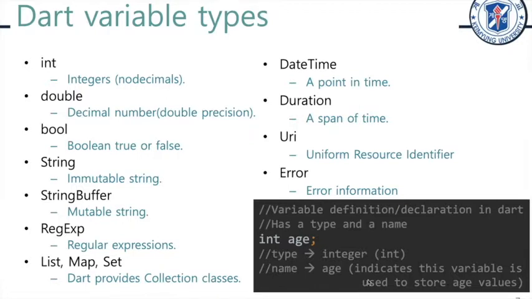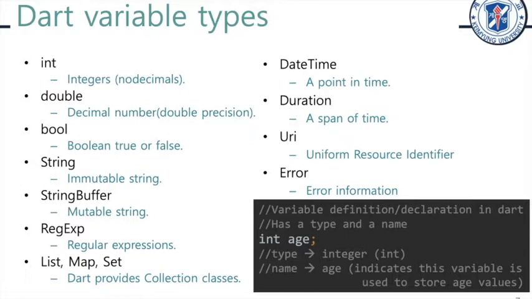And in Dart, this is how you declare or define a variable. If your program interacts with age, say your program registers students in the class, then you want to know the name, the age, and the height.